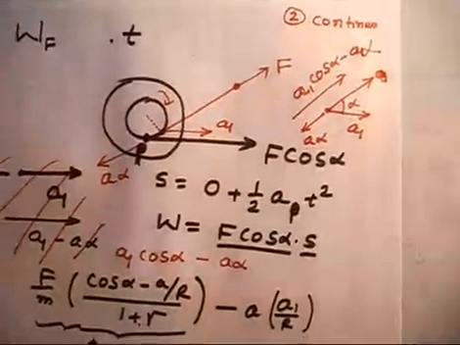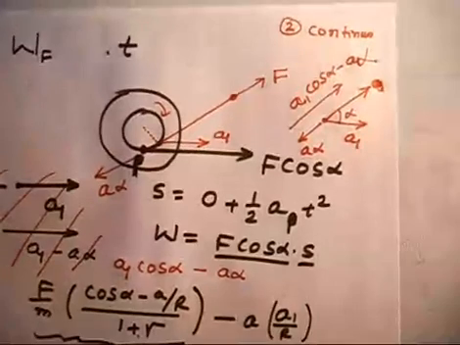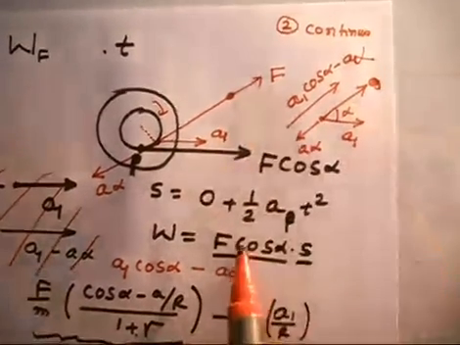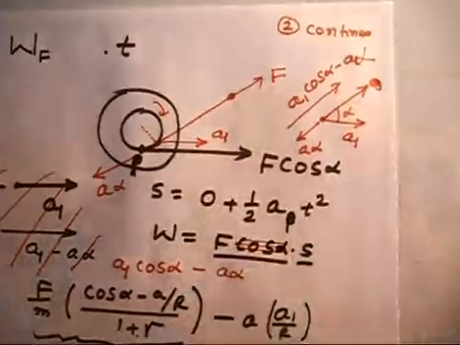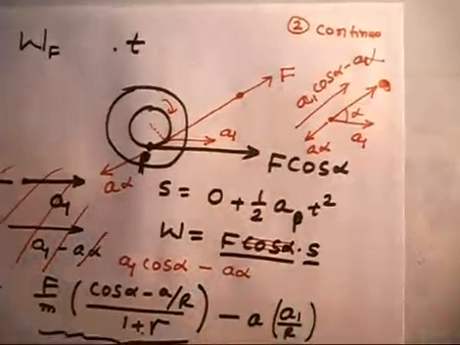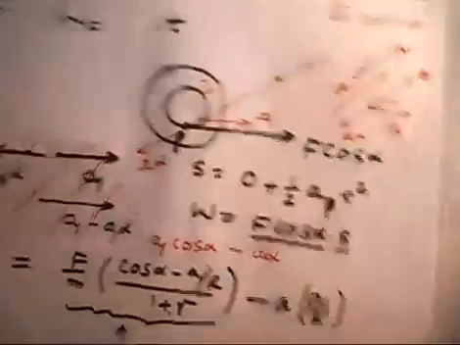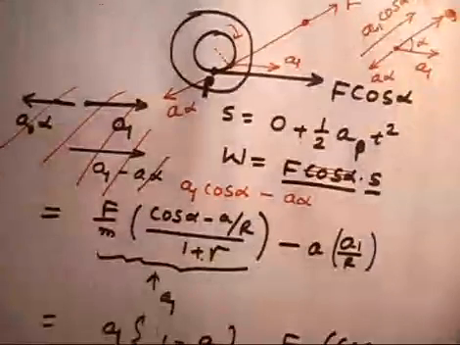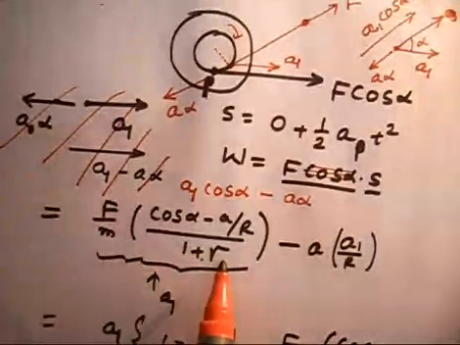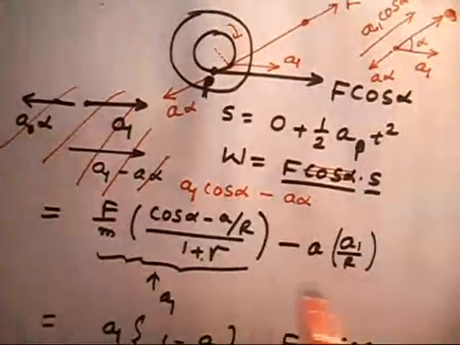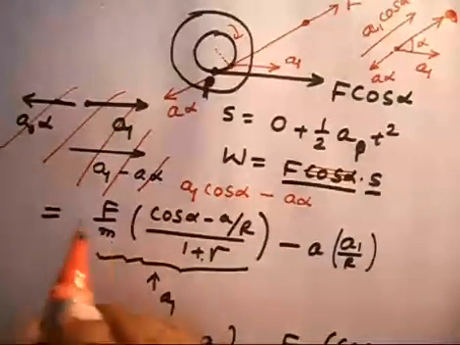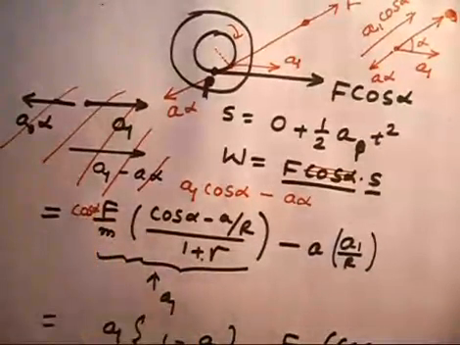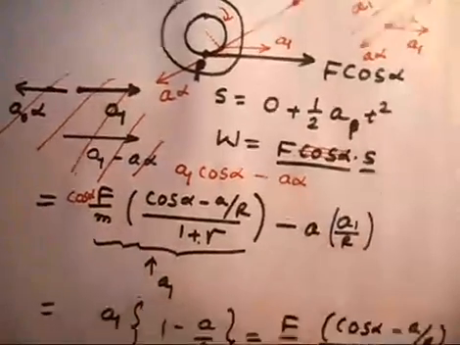So the distance traveled, and once again if I find work done in this case, it will be simply, in this direction the force is F. So I don't have to take the component F cos alpha. So this is simply F dot S, and this F dot S I have to find. So let us take a1 cos alpha minus a alpha, where alpha is a1 by r.